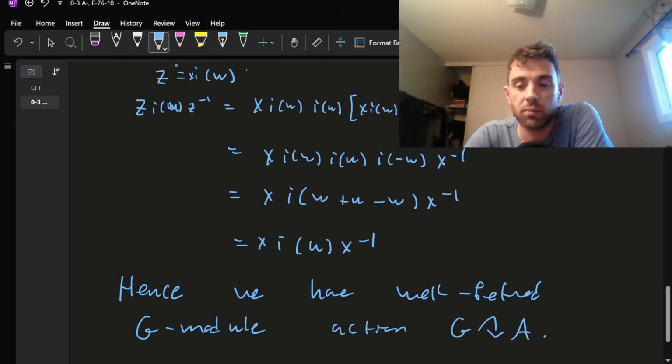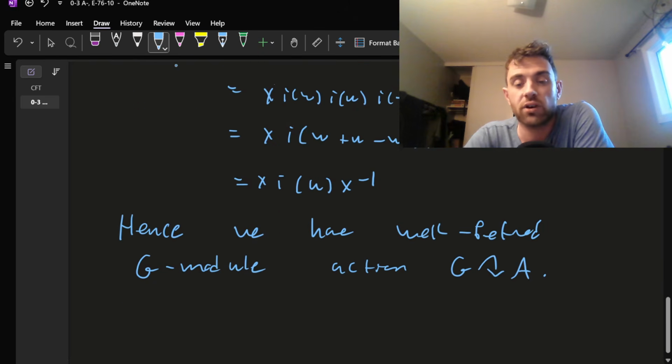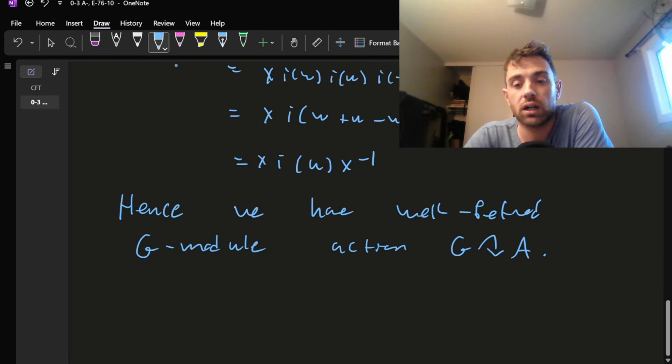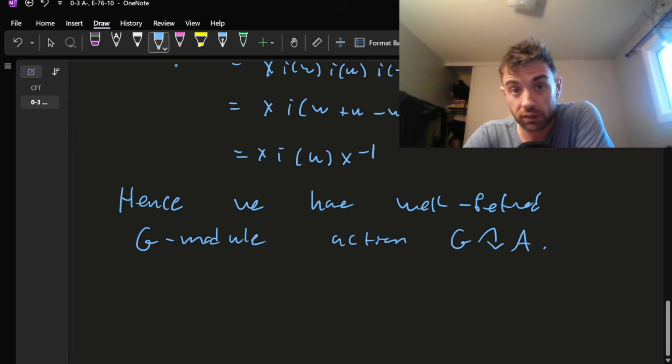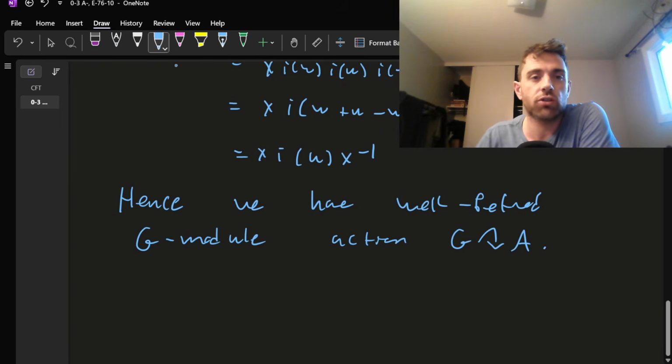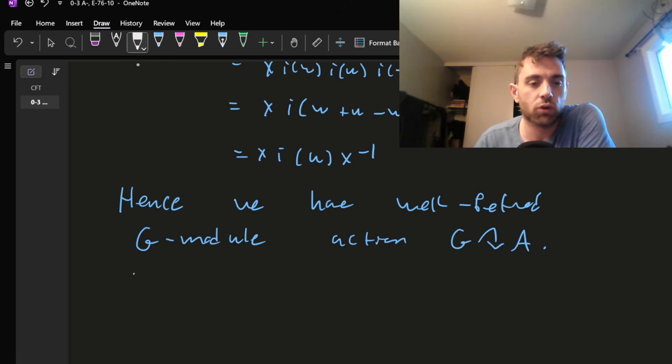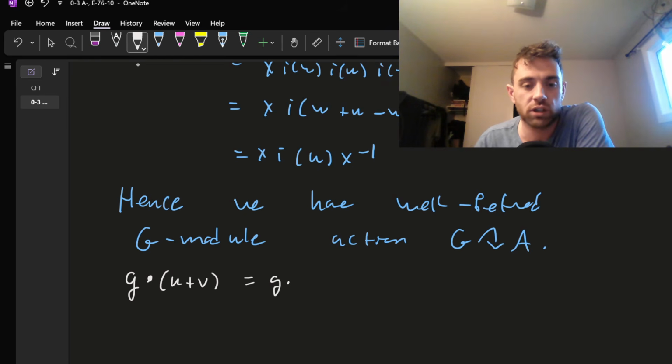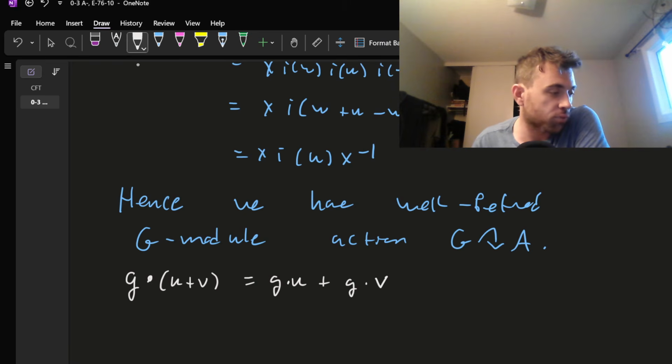Technically, I have an action of G on A that respects the abelian group structure. So in particular, G dot (U plus V) is equal to G dot U plus G dot V. This is my claim. Actually, I'll prove this for you. So all I mean is just that we have a group action which respects the addition.